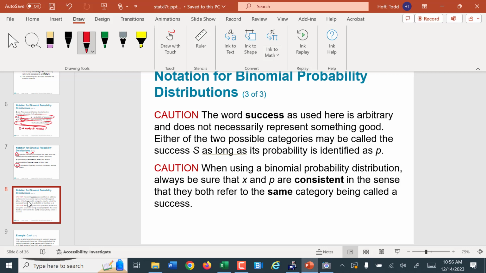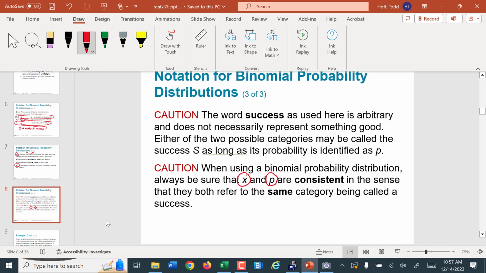Also, when we look at calculating our binomial probabilities, we need to make sure that X, the random variable, what we're looking for, and P, the probability of a success, are representing the same thing. For example, we might say the probability of a randomly selected student having their laptop with them to class is 0.25.